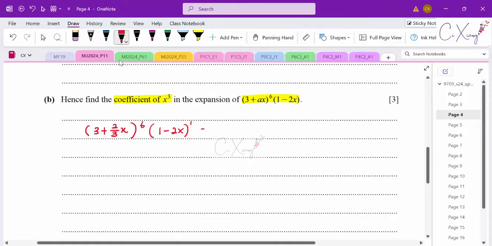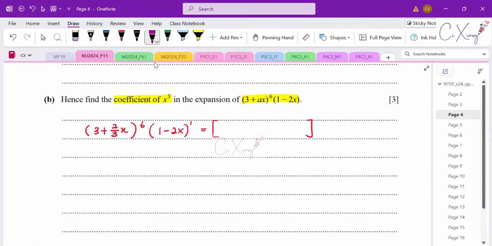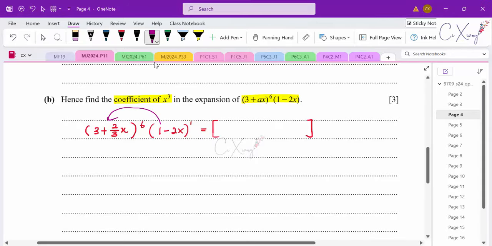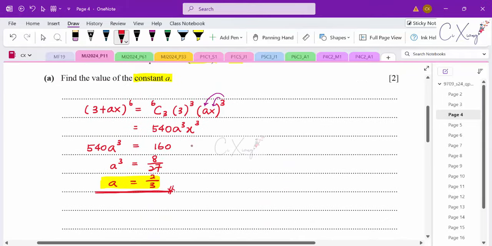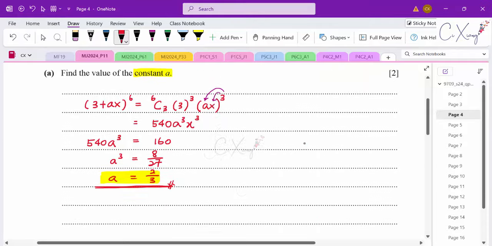Now I need to expand the first bracket here, so that when I take 1 and multiply with something in this bracket, I get x power 3. So what is the something that I should include in my bracket here? 1 multiplied with something to get x power 3, so the something here should be the x power 3 term that we have just now, which is 160x power 3.